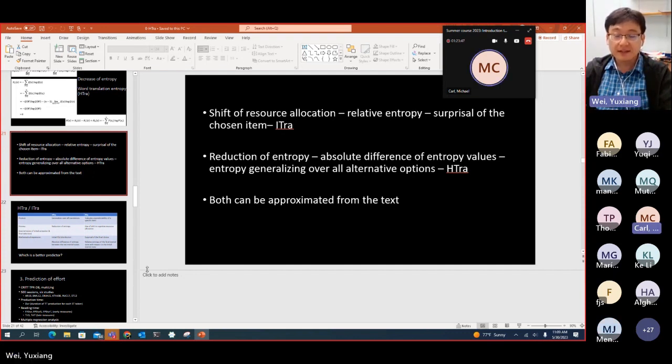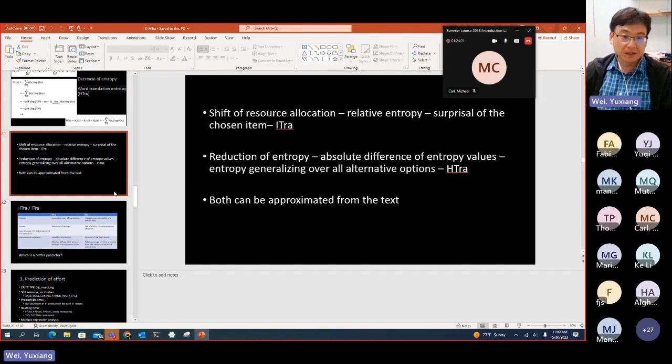Okay, but this implies a serial processing option that you propagate there by calling this shift of resource allocation. Right, but in the meantime, I think it's also consistent with a parallel perspective, because if all these options are allocated some resources, then what I mean by the shift is that the distribution is changed. So, yeah, that's what I mean by it.